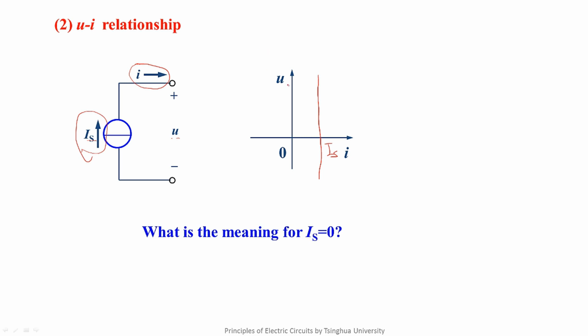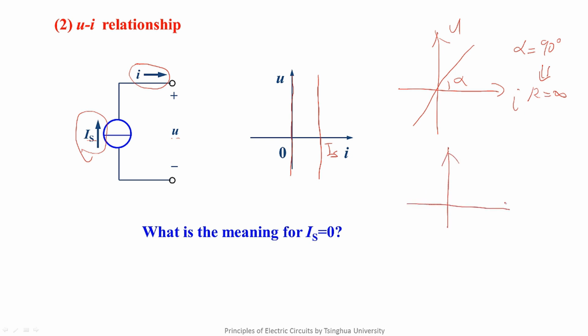If IS equals 0, it is such a line. In the previous discussion of the resistor, we have known that here alpha is equal to 90 degrees. What does that mean? It means that the resistance is infinite. At this time, the UI curve becomes such a line.